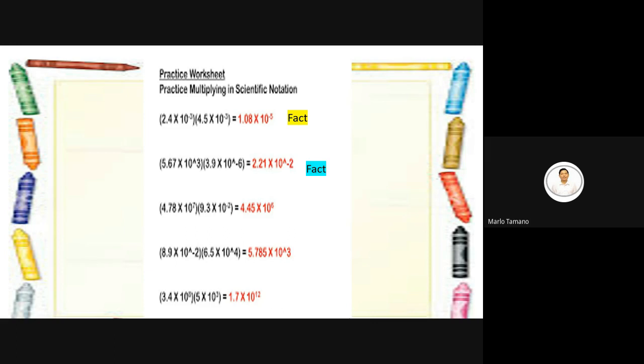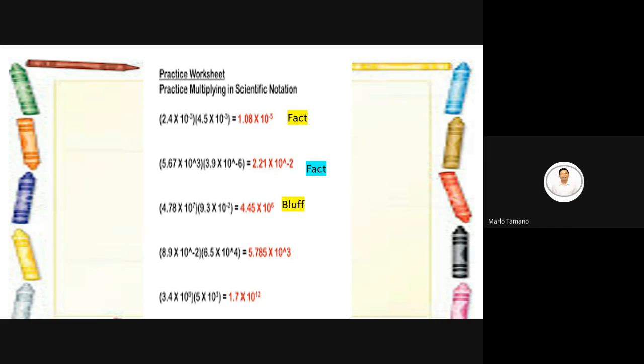So, ano ang sagot? 4.4454 times 10 to the fifth power po, 6. So, yung sagot natin, is it a bluff or fact? Bluff po.